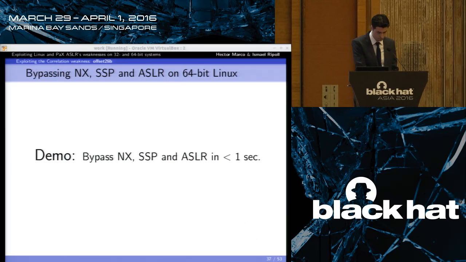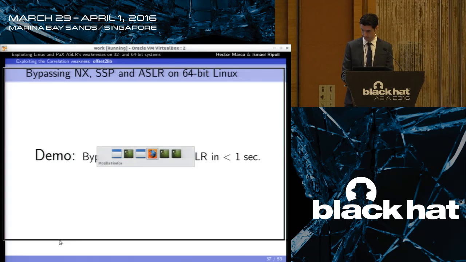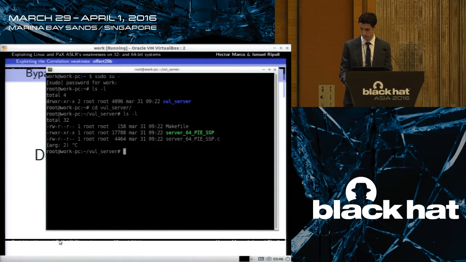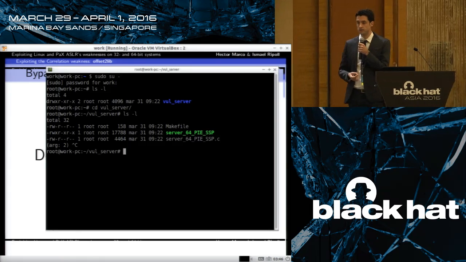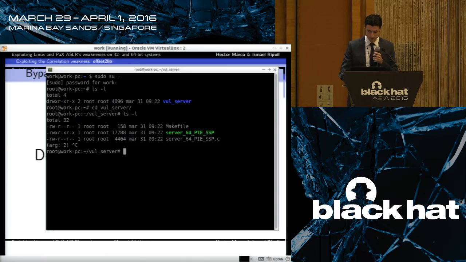I'm going to show you. So, this is the server, which has a typical stack buffer overflow. It's compiled with the maximum protections. I'm going to show you quickly.